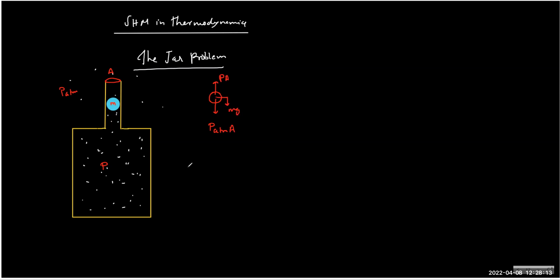At equilibrium, P A is balanced by P atm A plus mg. So the pressure of the gas turns out to be P atm plus mg by A. That's obvious. This is called the equilibrium pressure, the pressure at equilibrium.